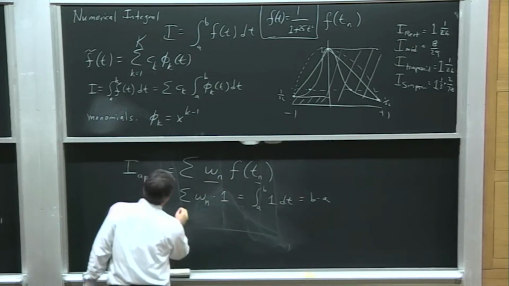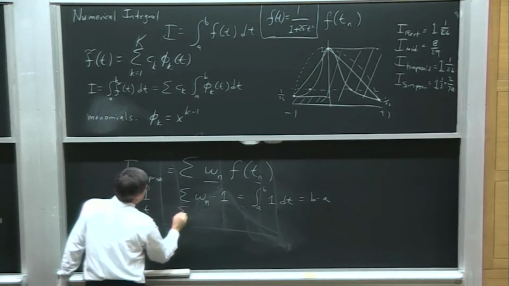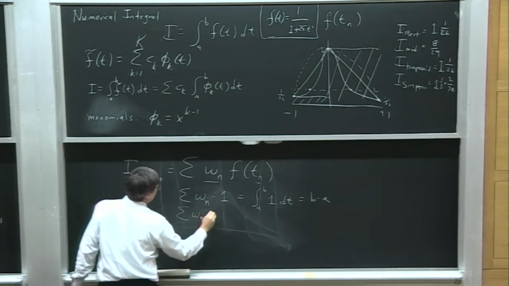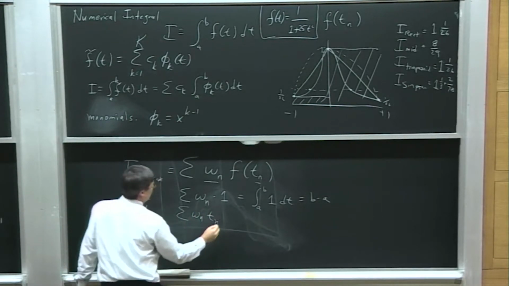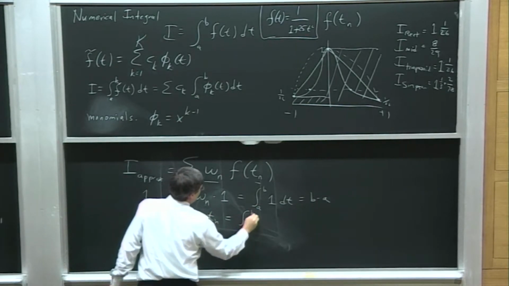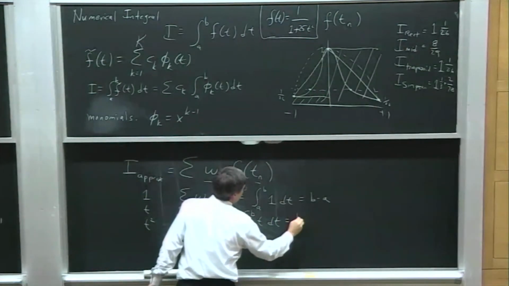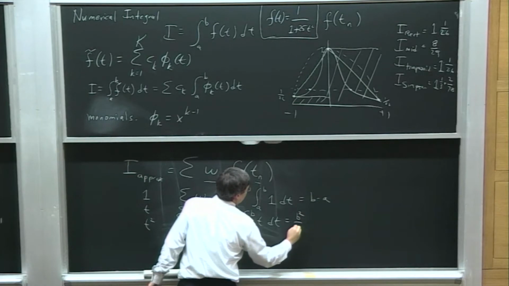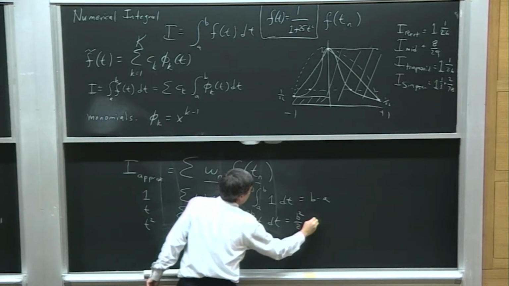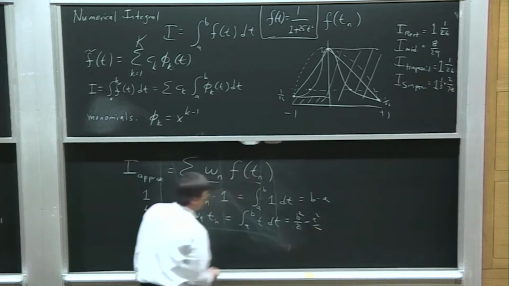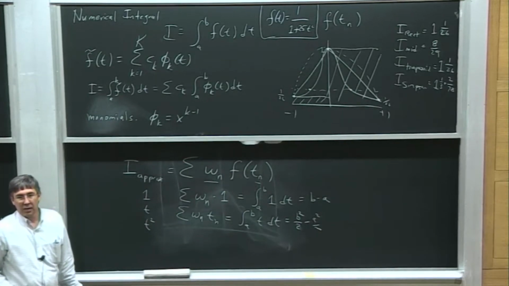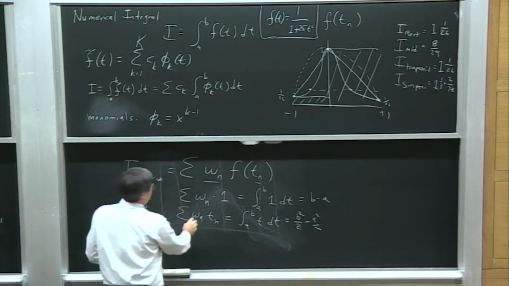Then for the next one, I want the summation wn times t n to equal the integral from a to b of t dt, which is equal to b squared over 2 minus a squared over 2, if I did my calculus correctly. And so there's another equation for these guys.